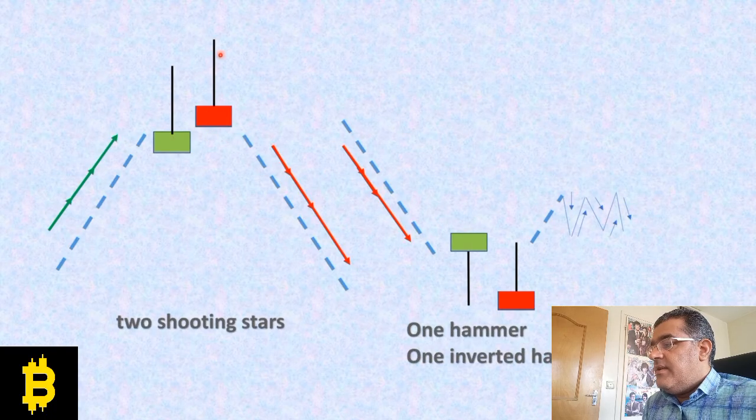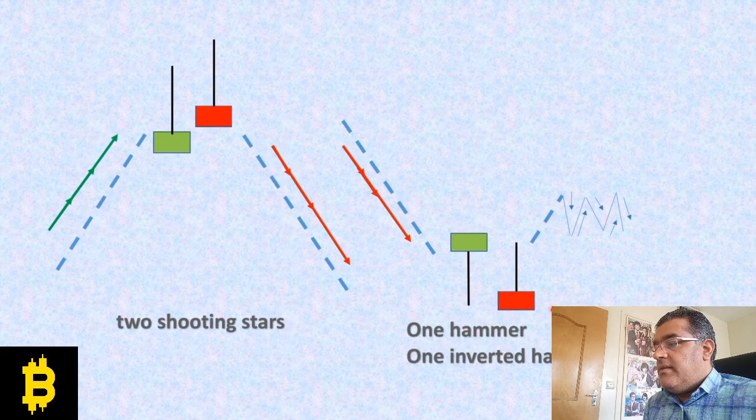In this graph, we see two shooting stars at the top of an upper trend. The first one is bullish and the second one is bearish. Now, as discussed earlier, the first one, regardless of the color, will reverse the direction.